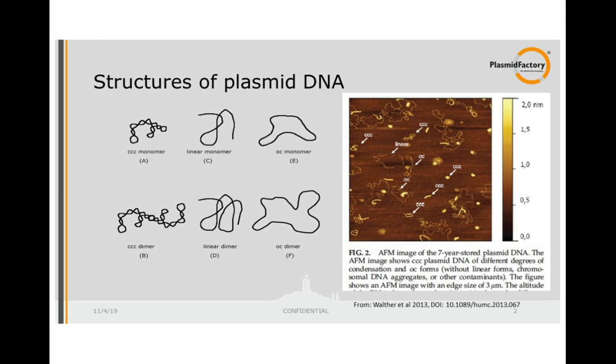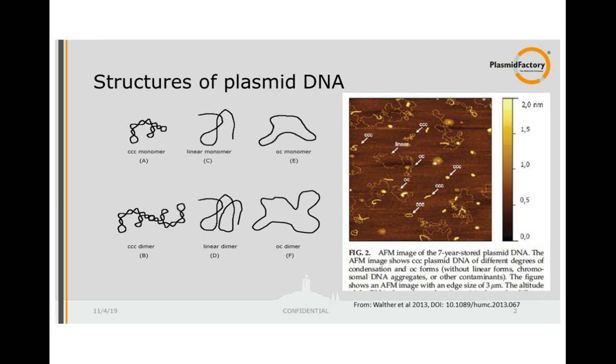To prove this, we made an atomic force microscopy picture, and there all the different forms can be seen, and they are really condensed, as shown in the picture. Since we are manufacturing these plasmids for applications like gene therapy or simple transfections in research, it is very critical to ensure that the plasmid is intact, because this directly influences the success of the research or of the intended work.